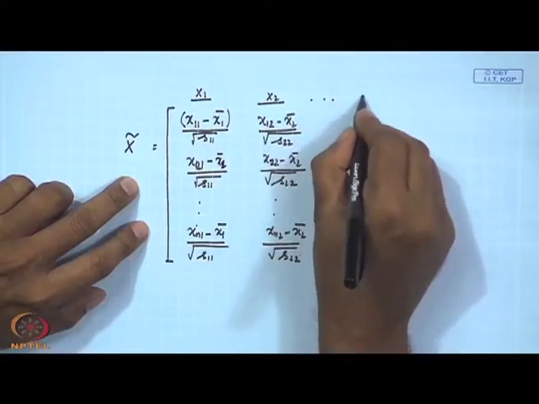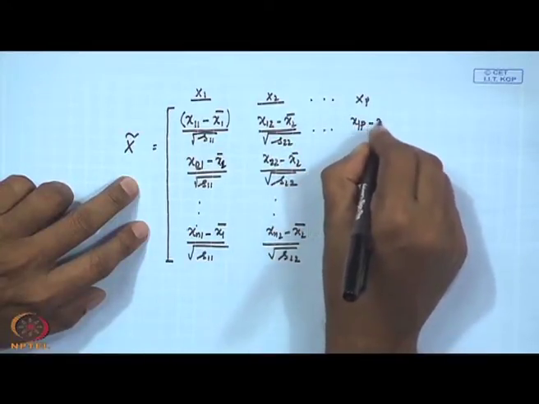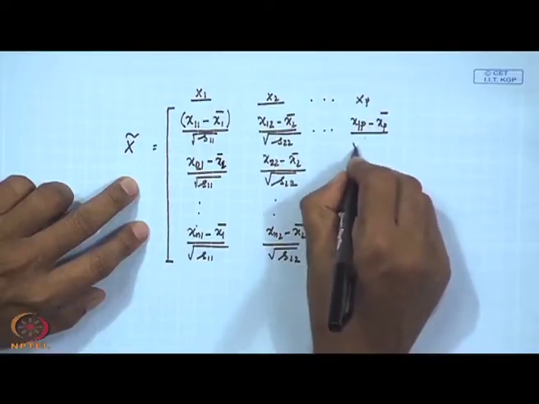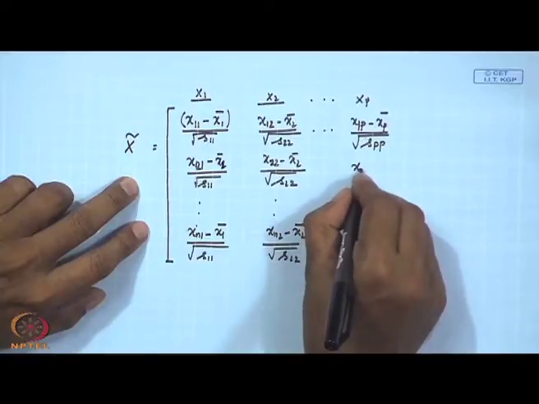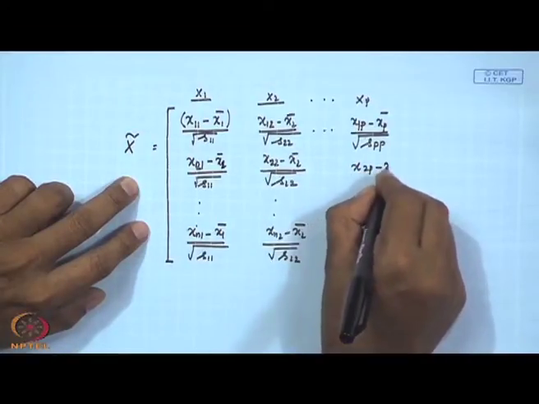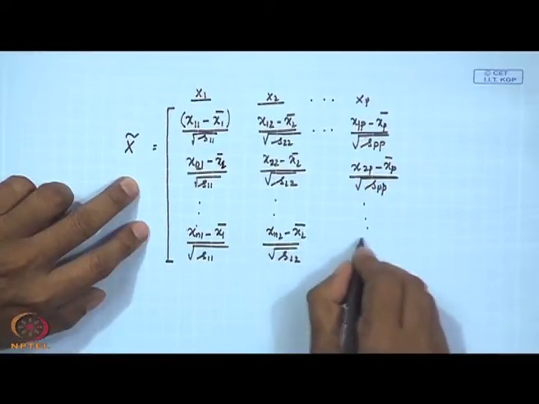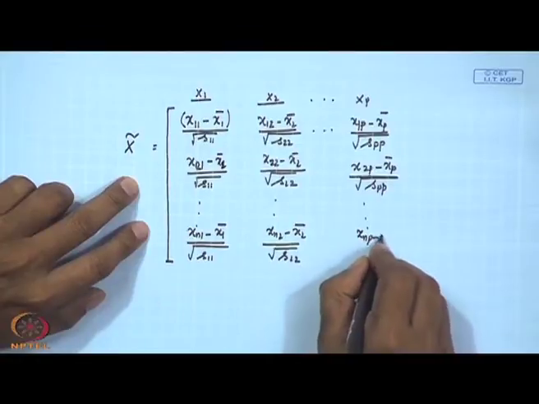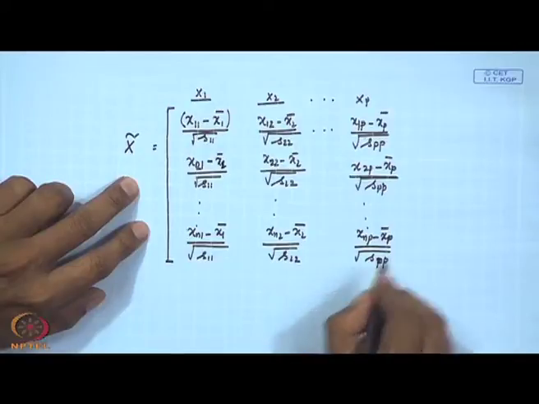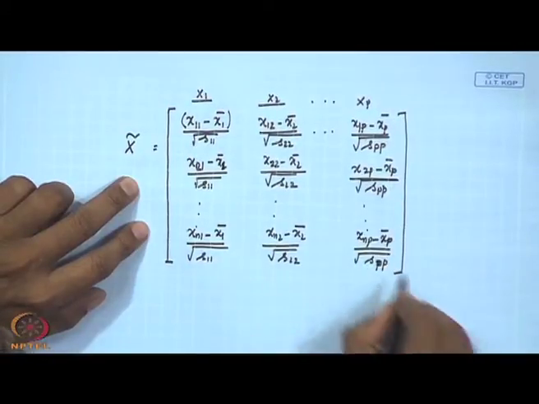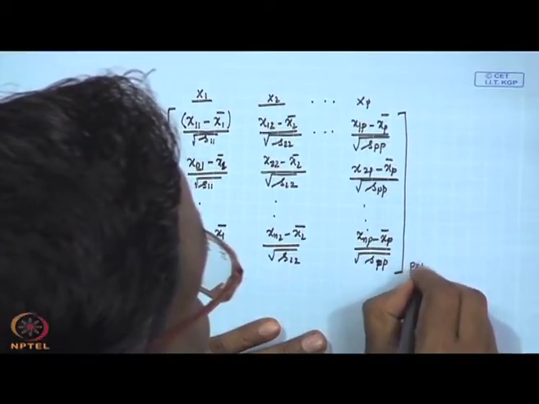If you go in this manner for the pth variable, you will write x 1p minus x p bar divided by square root of s pp, then x 2p minus x p bar divided by square root of s pp, in the same manner up to x np minus x p bar divided by square root of s pp. This is the transformed data matrix, n cross p.